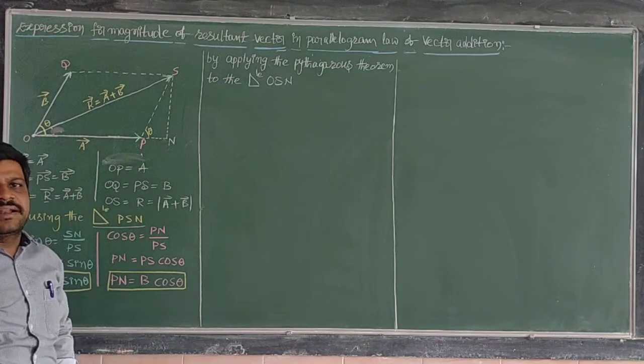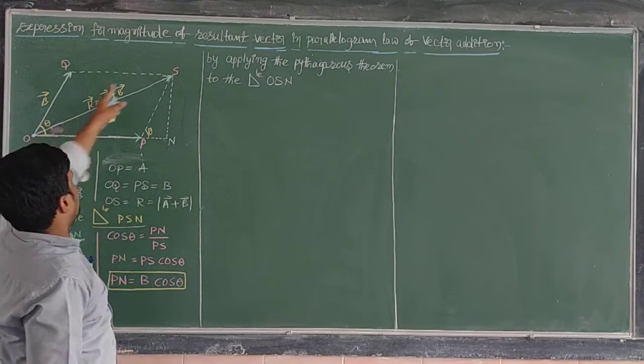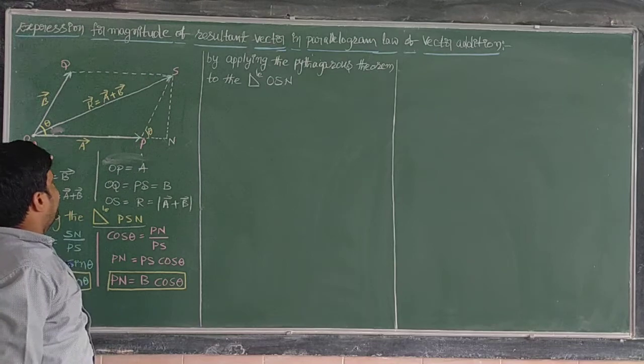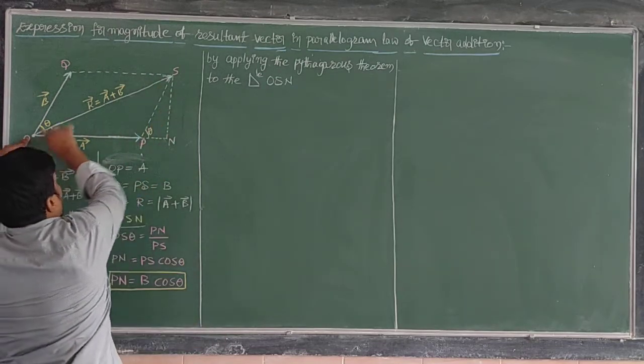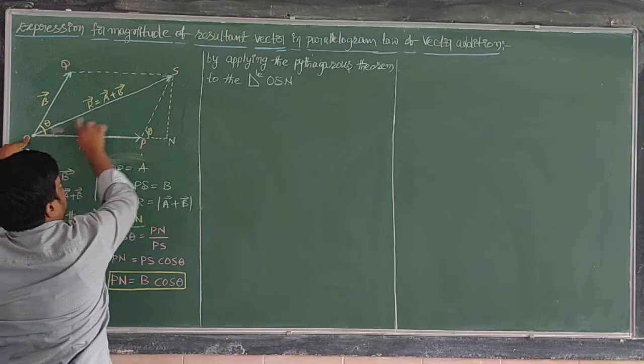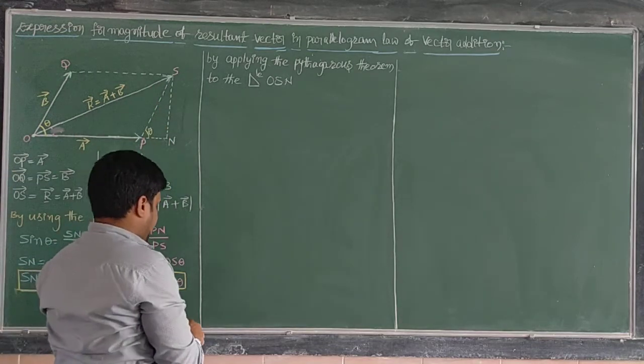What is the Pythagoras theorem? The square on the hypotenuse is equal to the sum of the squares on the other two sides of the triangle. In OSN, what is the hypotenuse? OS.